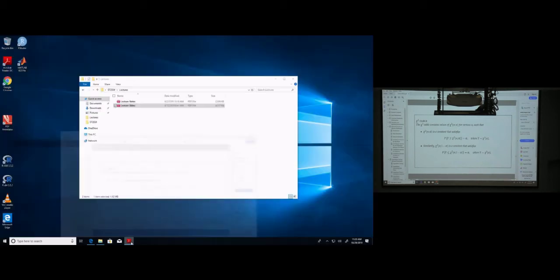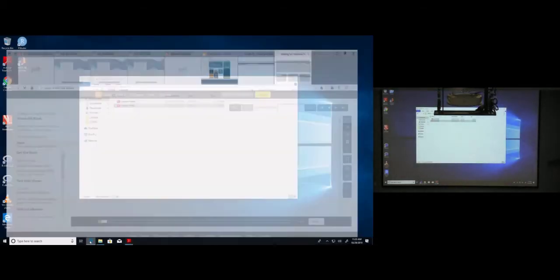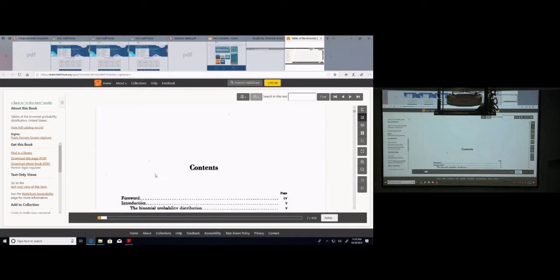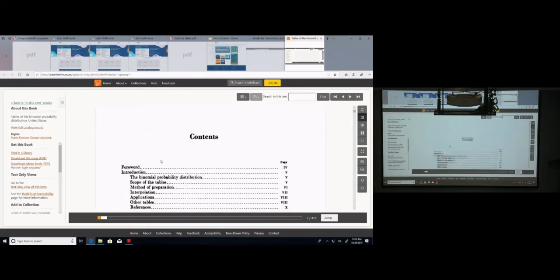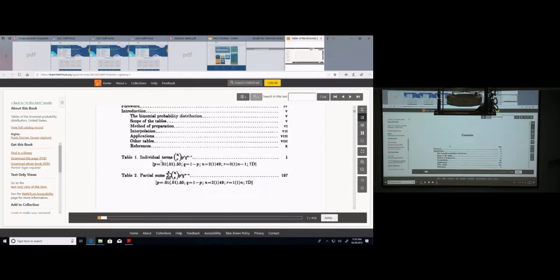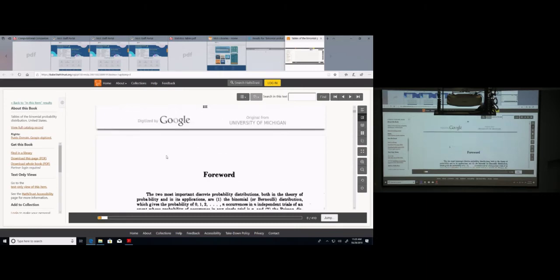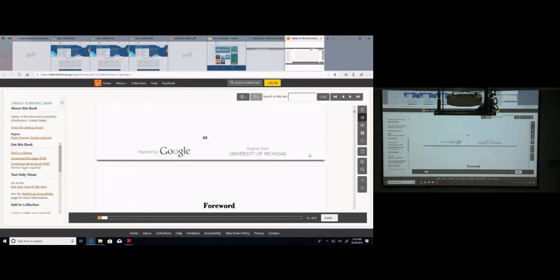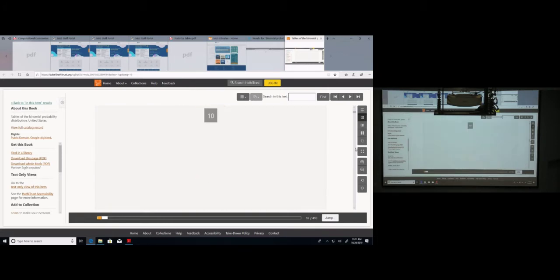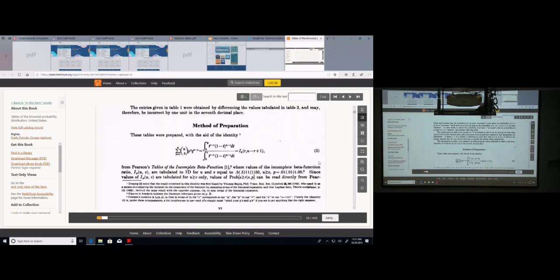To prove my point here, actually, this book is published in 1950 for the binomial distribution. I don't know how many pages there are. Did it say? Oh, it's 410 pages. And this is rather boring. Okay.